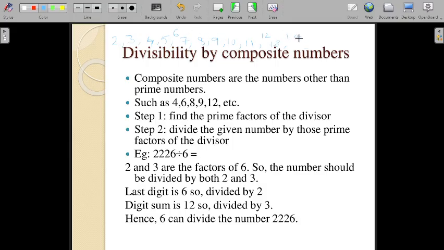These are all composite numbers. Even 4 is also a composite number, since I have already covered 4, 8, 9. I'm not covering this here. So let's see with these numbers.